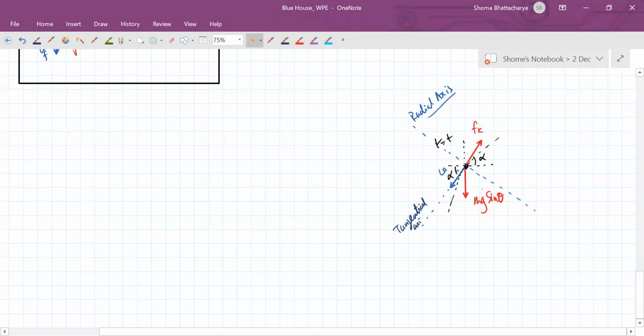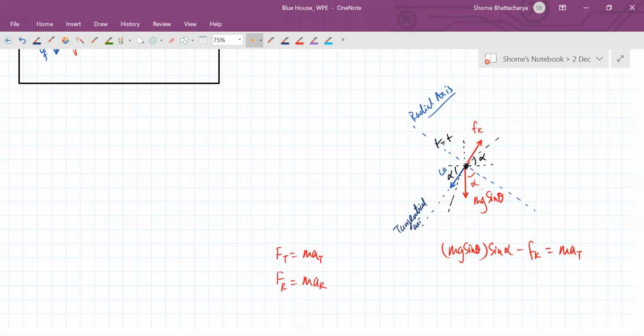Okay, so you can see here that this angle is alpha, so that means this angle is alpha. So we have mg sine theta sine alpha minus kinetic friction, that is providing the tangential acceleration. Okay, so you're saying that the net tangential force is equal to mass into tangential acceleration, and the net radial force is mass into radial acceleration.